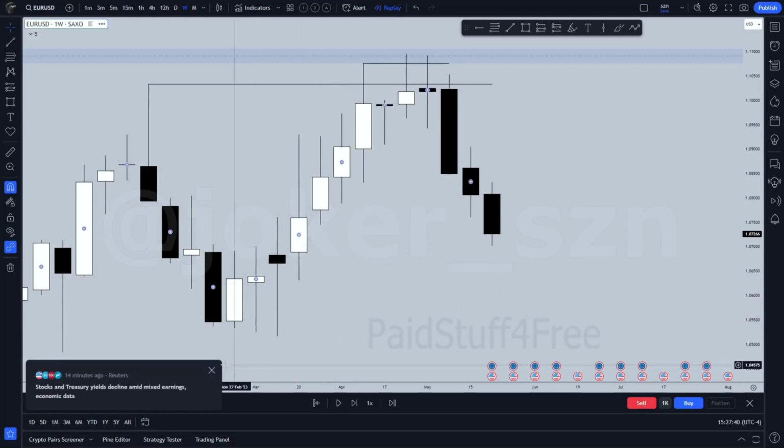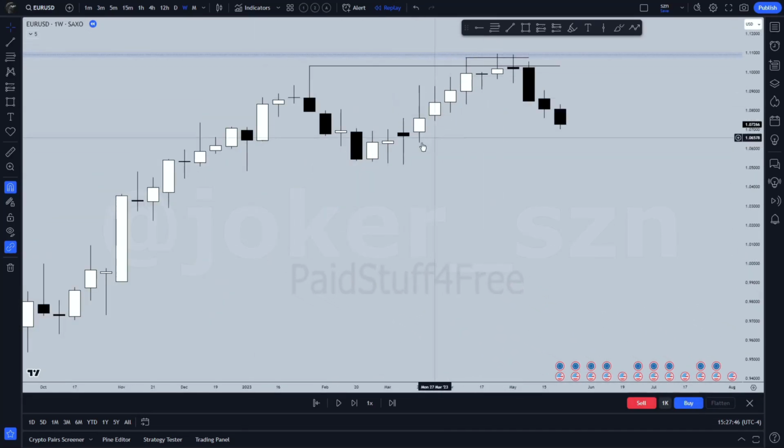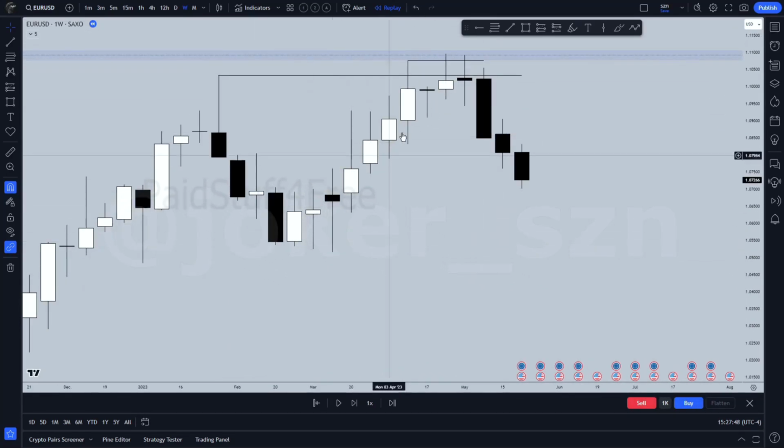At this point, we now have our weekly dealing range right here. We have the swing low right here, the swing high right here, and now we can also pull a FIB here to determine the premium and discount of this range.